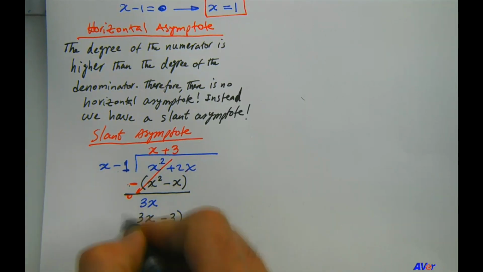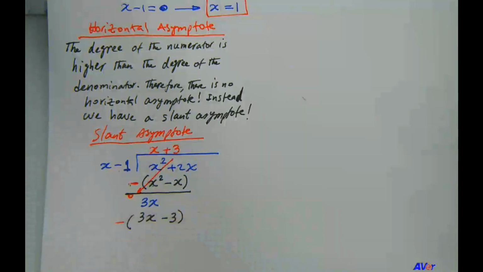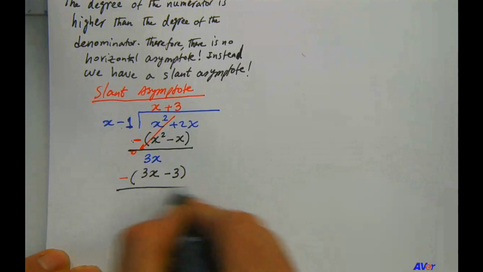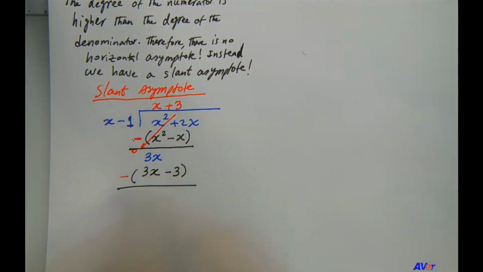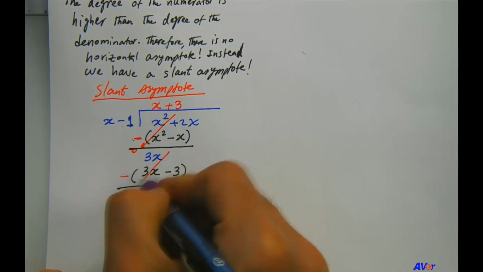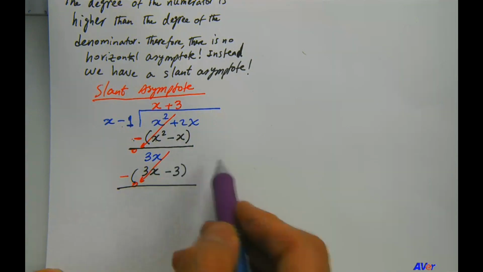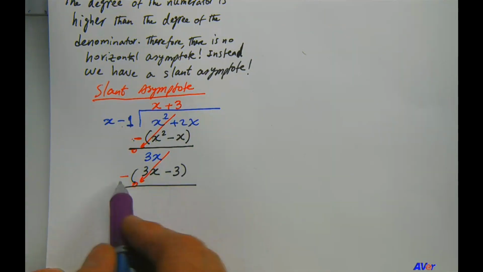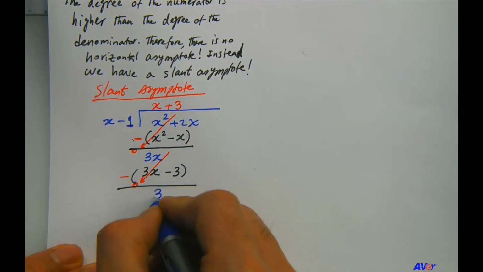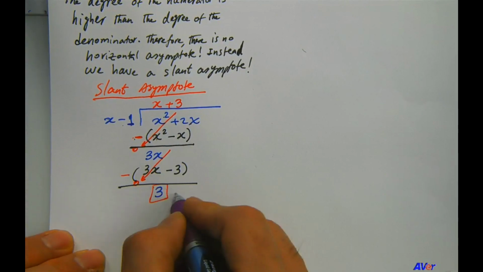So put parentheses around this and a subtraction here, and let's subtract. We have 3x minus 3x, they add up to 0. Is there a constant up here? No. So the only constant we have left is minus 3, which becomes positive 3. And this is going to be our remainder.